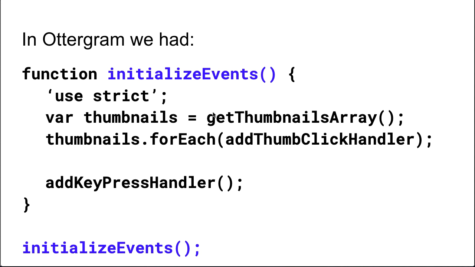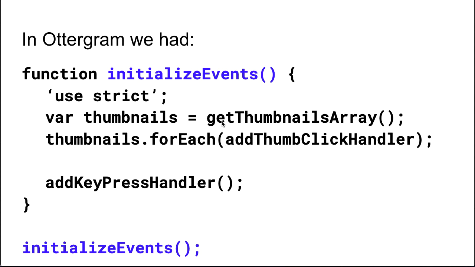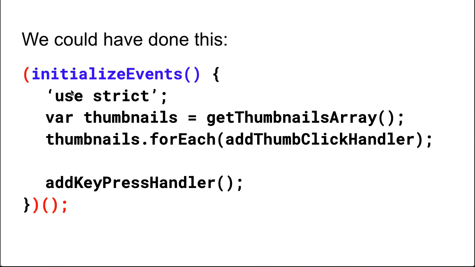You don't have to define it first and then run it. You can define it and run it all in one go, just like this. Those little parentheses mean run this right now. As soon as JavaScript sees this, it's going to run it. It's not going to wait for me to call initialize events. It's going to run it as soon as it sees this definition.